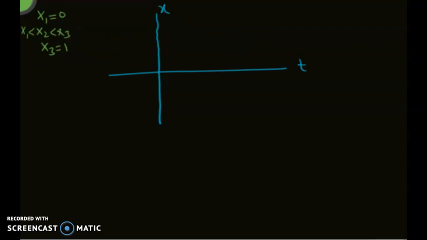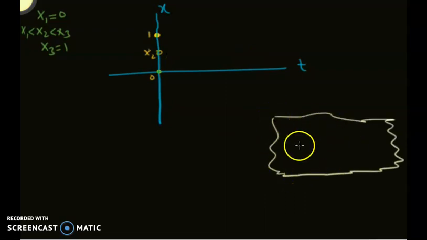So in other words, we had over here, here, and then over here. This is 1, this is 0, and this is our x2. So now let me consider a scenario. Let's say this is a society.